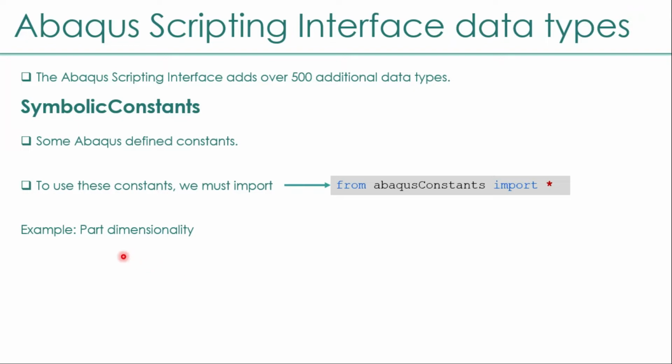We can specify this using a symbolic constant. There are three different symbolic constants in Abaqus: THREE_D, TWO_D_PLANAR, and AXISYMMETRIC. You can see these are all capital-lettered values that we have to give as an argument.